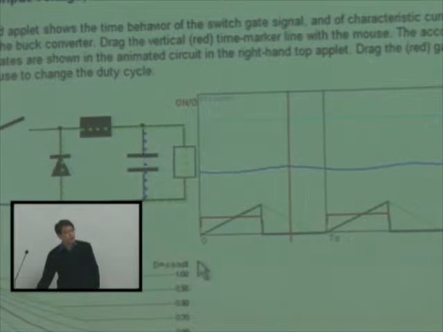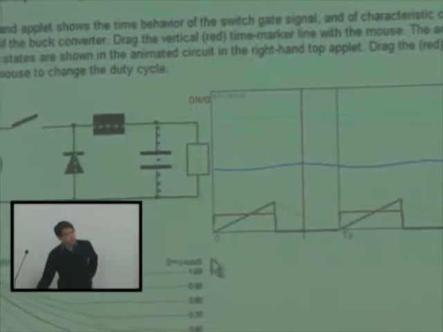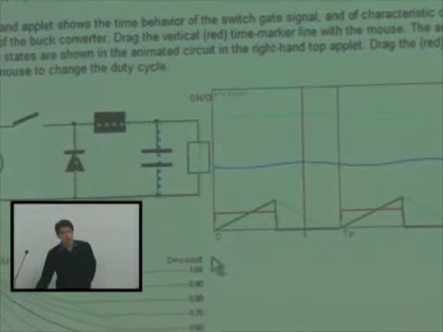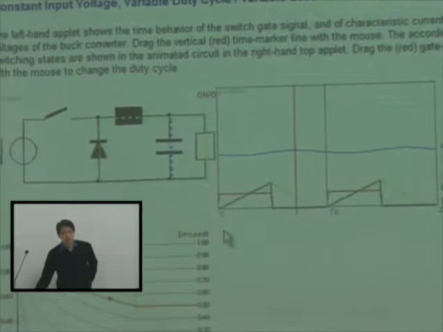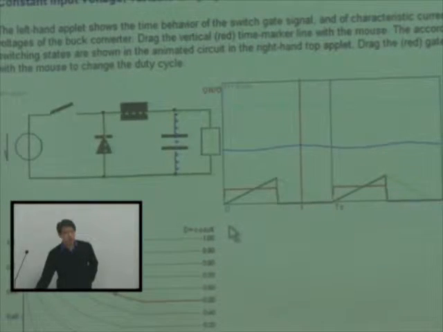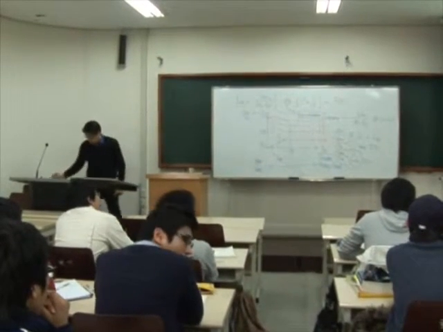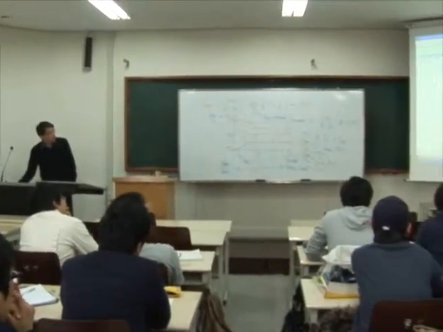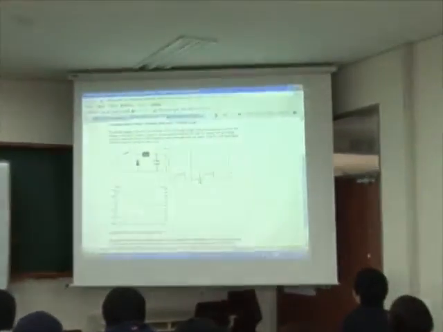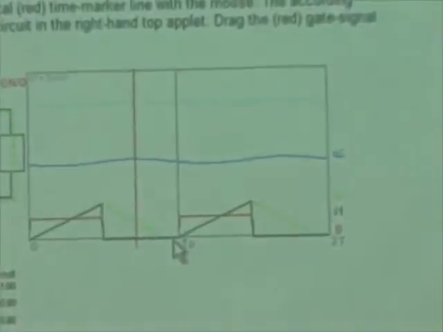Are we operating in the continuous conduction mode or discontinuous conduction mode from this diagram? Because here we have some mode having zero inductor current.